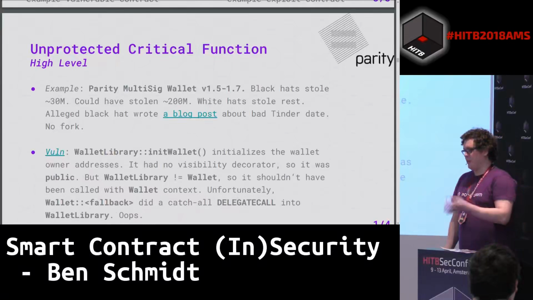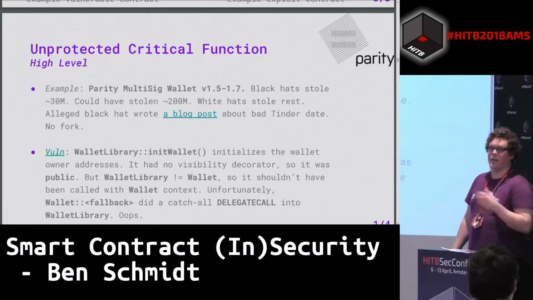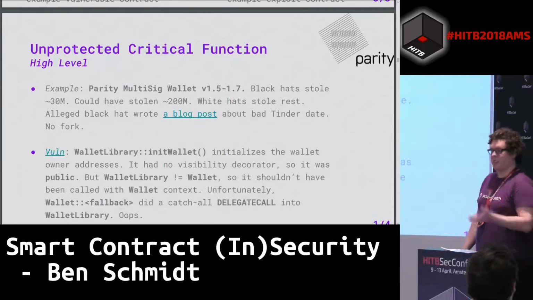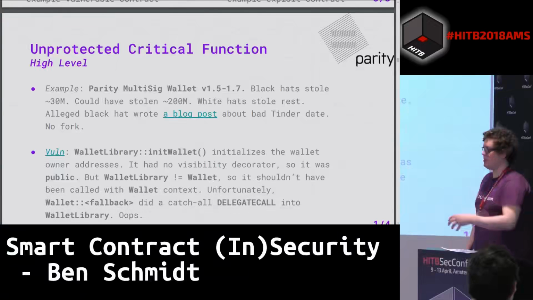Unfortunately, this initWallet function had no visibility decorator, and in Solidity, one of its weird quirks that programmers might not expect is that if a function is not explicitly stated to be private, it's actually public, which means that anyone on the chain can actually directly call that function.